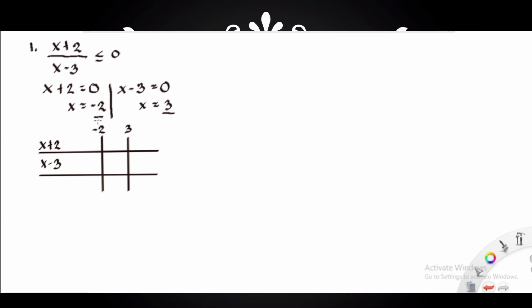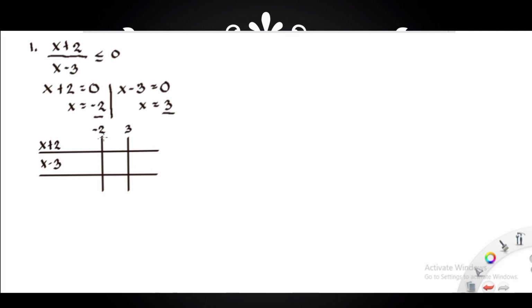So, we are going to test negative 2 and 3 kung saan natin sila pwedeng i-substitute sa x plus 2 and x minus 3 na kung saan ang answer ay magiging 0 pag sinubstitute natin ang dalawang ito. Let's say we have negative 2 muna.